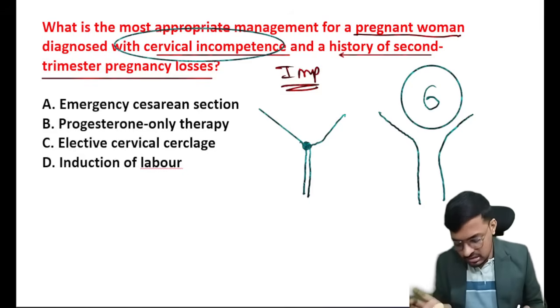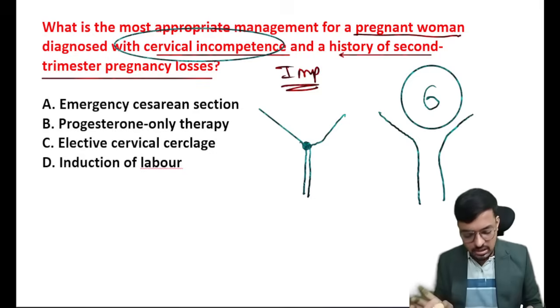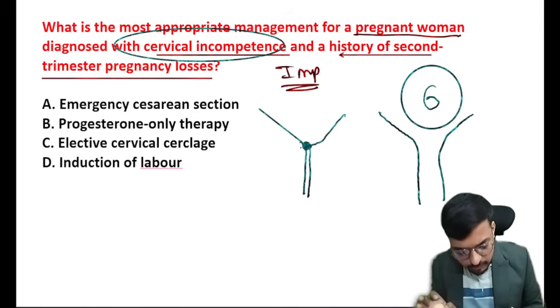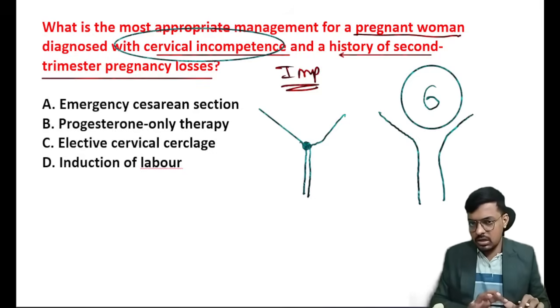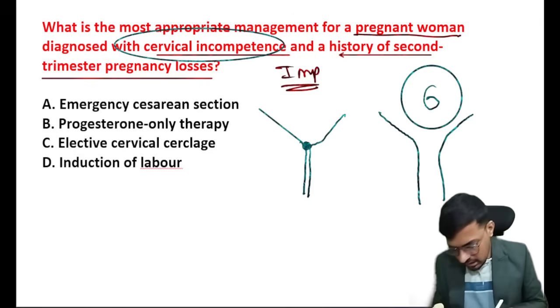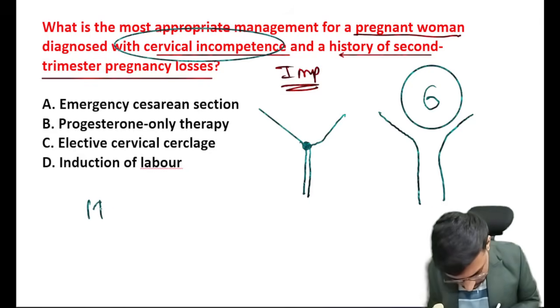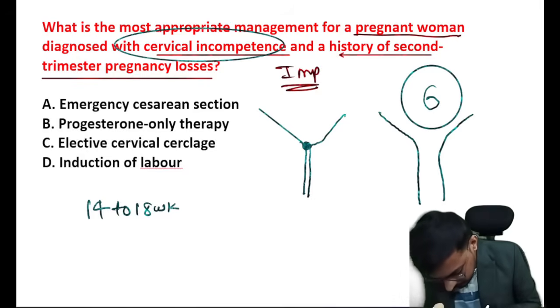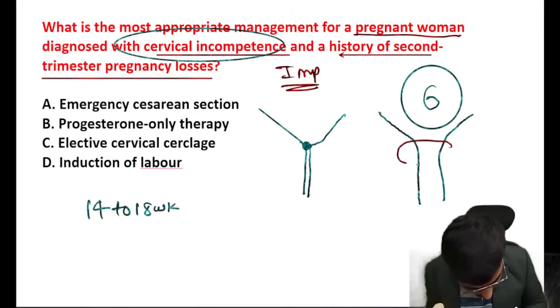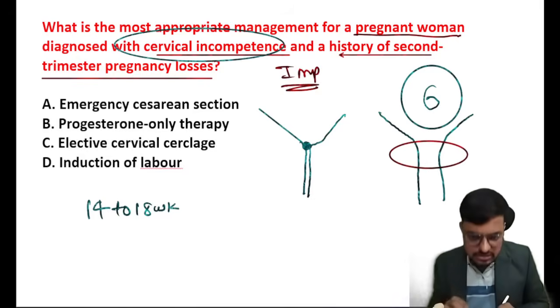Yes, it's clear, sir. Sir, what management do we have to do? I told you the cervix is suddenly opening in the second trimester, between the 14 to 18 week. So take a suture, apply it to this cervix, and make it tight.